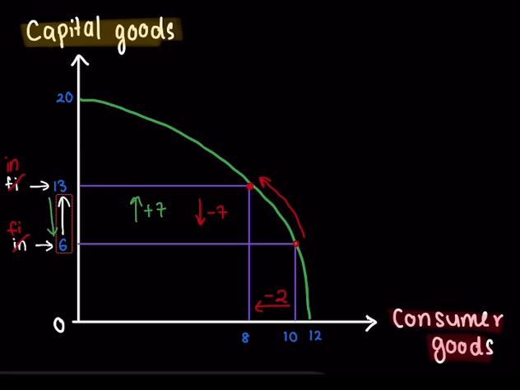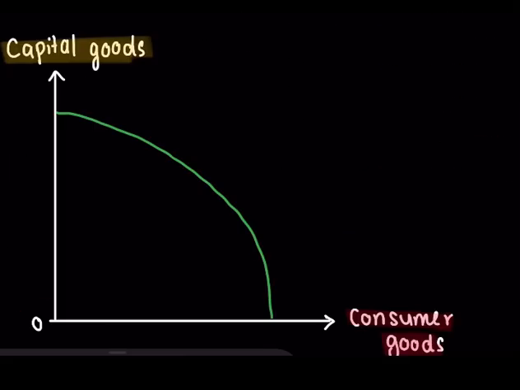So we can say that the point will move to the right from this point to this point. From this, there will be the opposite. This will be an opposite reaction to what we just explained. So it will move from 8 to 10. This is why I've drawn the purple lines, to indicate the movements a bit better.